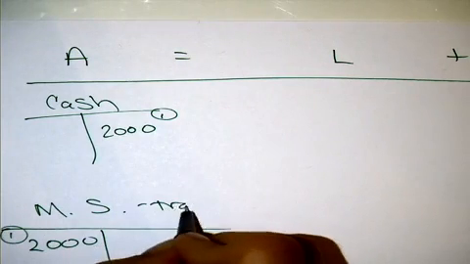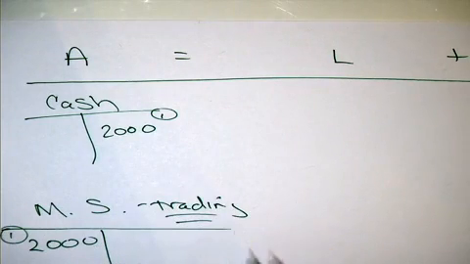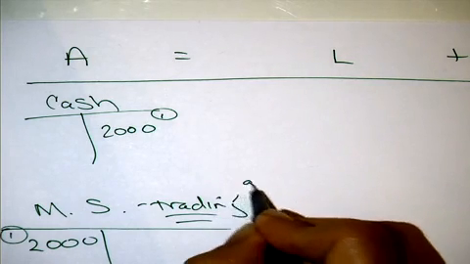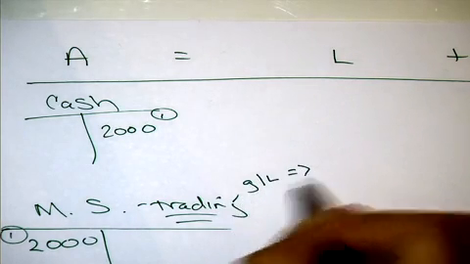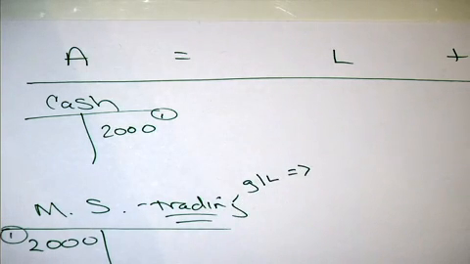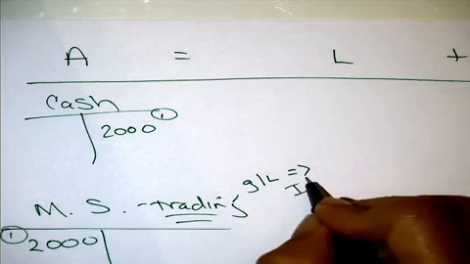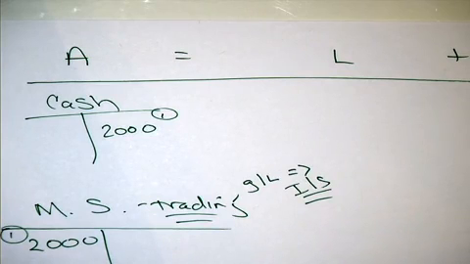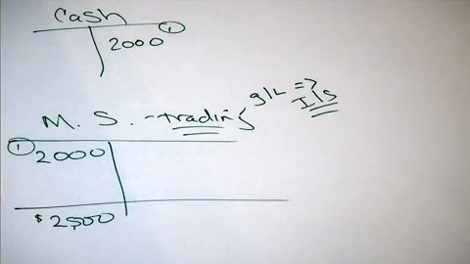And I label it trading so that I know at the end of the year, where must a gain or loss go? Where does a gain or loss go if it's trading at the end of the year? What's IS? Income statement. So at the end of the year, we know the value of this was $2,500.